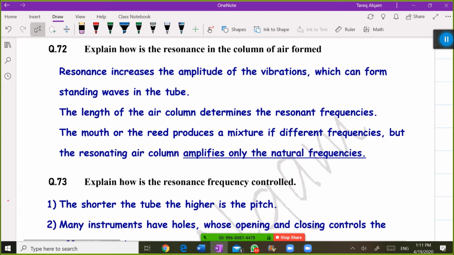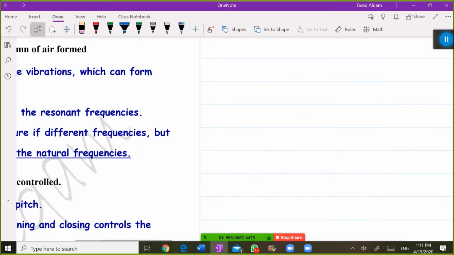Explain how the resonance in the column of air is formed. In the experiment, we had a tube. This tube is closed from one end by the water, and it can be moved up and down. Also, we used something called a tuning fork. A tuning fork produces sound at a certain frequency.